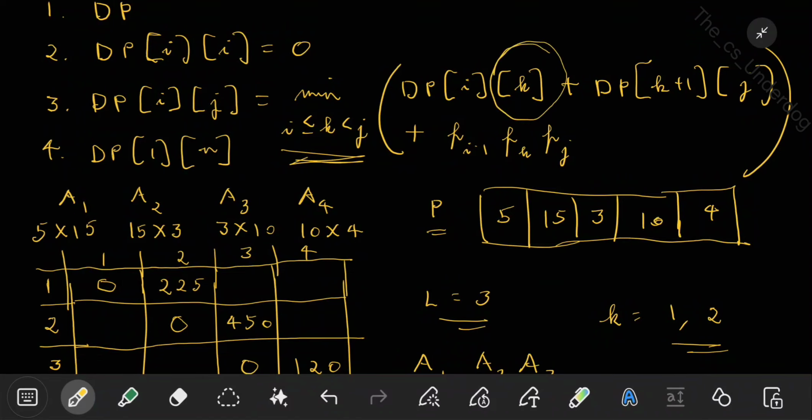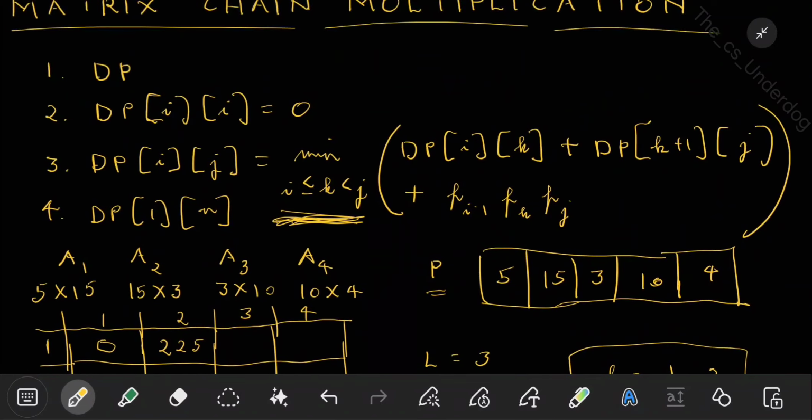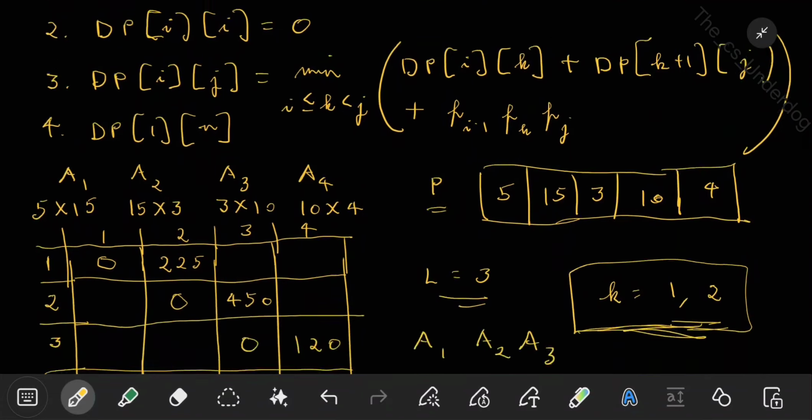For all the possible values of K, we already wrote I less than or equal to K less than J. That is why K is 1 or 2, because your I is 1, J is 3, so K can be 1 or 2. For each value of K, what do we have to do? We have to do dp of I, K plus dp of K plus 1, J plus the number of scalar multiplications required for that particular split. This is the logic. Let us try to apply this.